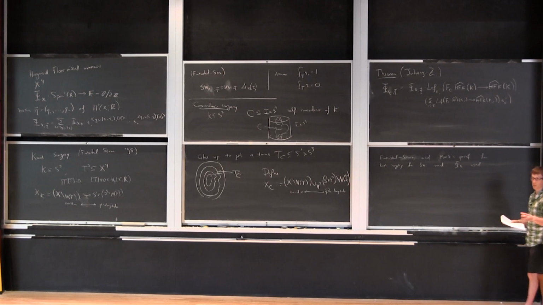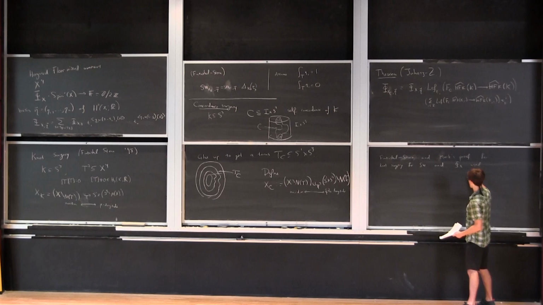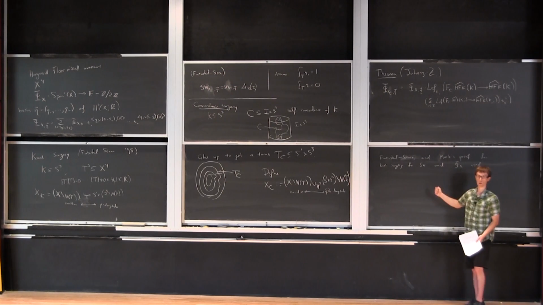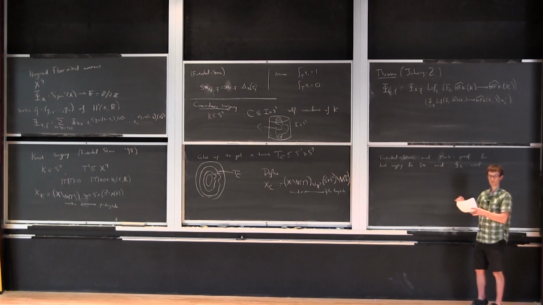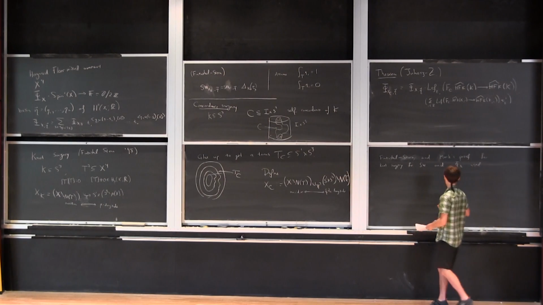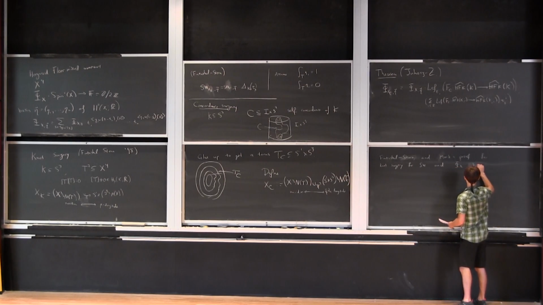So the logarithmic transform is a way of doing surgery where you take out something that has boundary T3 and then glue it in again with a diffeomorphism of T3. What they did was relate the log surgery to the skein relation for the Alexander polynomial.